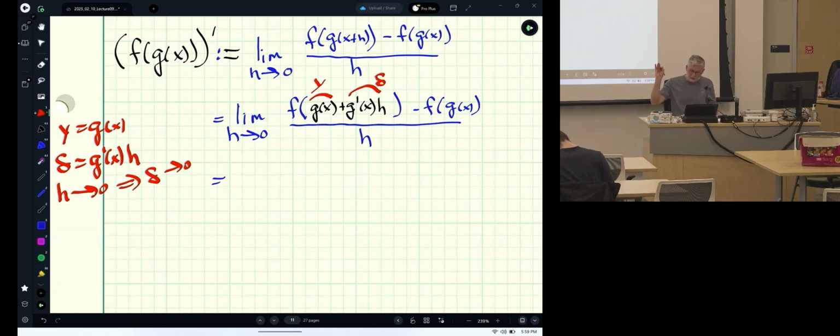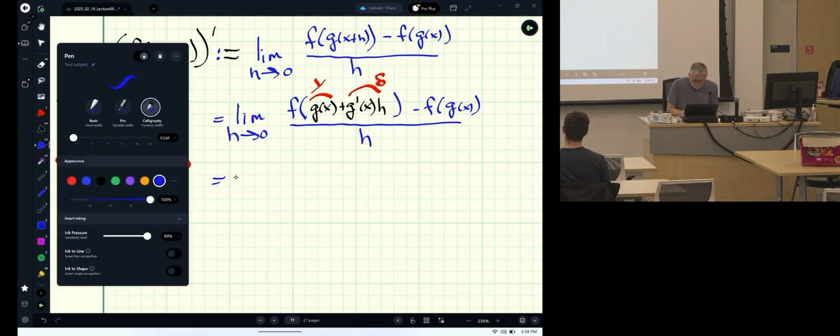Okay, so when h is small, delta is now a small perturbation about that. And so now we continue.